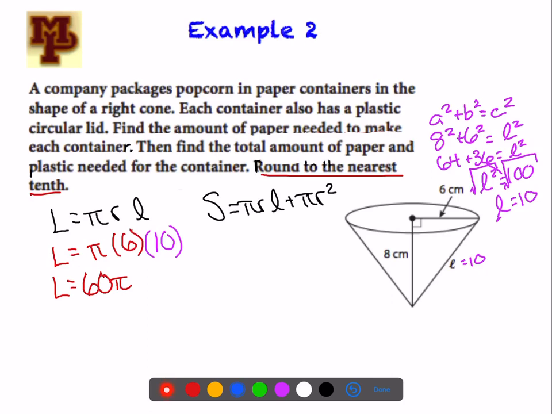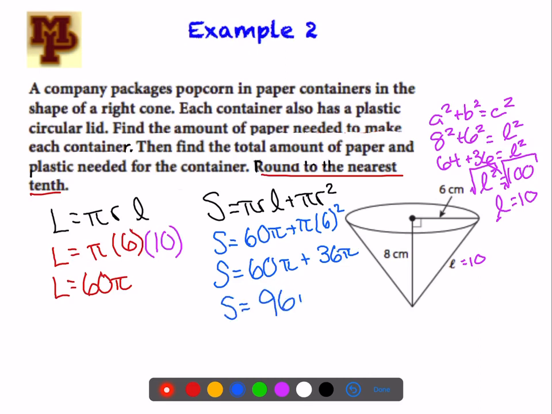Over for our surface area, we have surface area is equal to pi RL, which we know is now 60 pi, plus pi times our radius, from the center of a circle to the edge of a circle, that's our radius, and in this case it's 6, so times 6 squared. That'll give us surface area is equal to 60 pi, and 6 squared is 36, so plus 36 pi, giving us surface area is equal to 96 pi, and I completely forgot my units, centimeters squared.